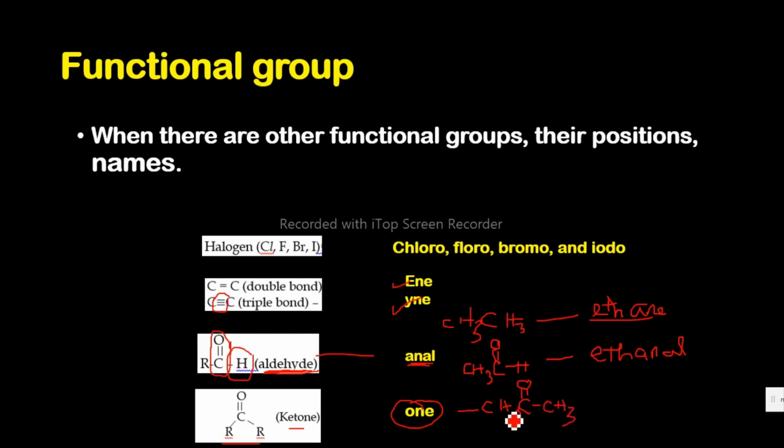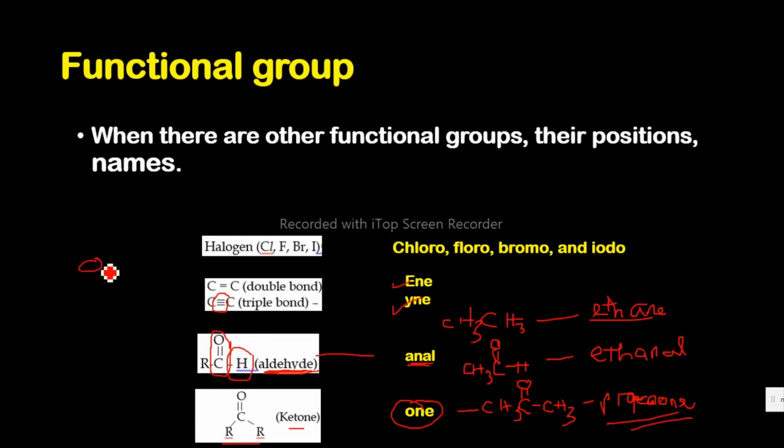Since there are 3 carbon atoms, 1, 2, 3, that one becomes prop. So propane, that is propane, and then you add one, so you put propanone. So it is as simple as that.